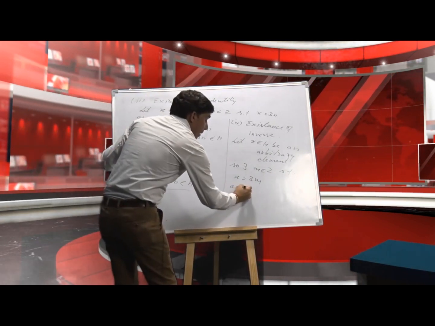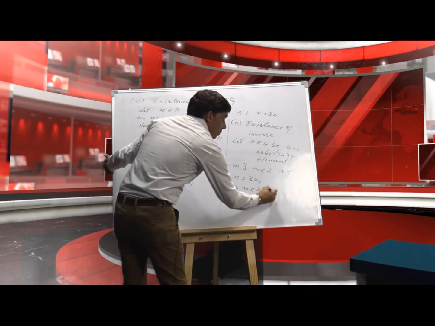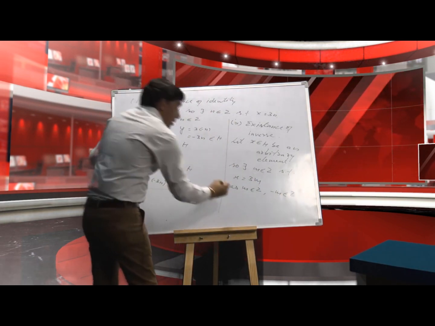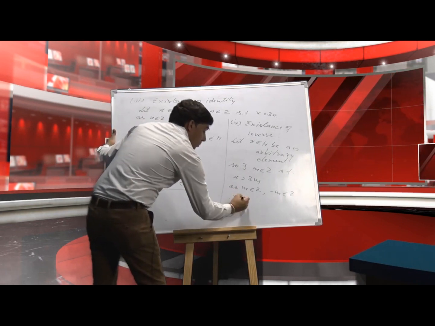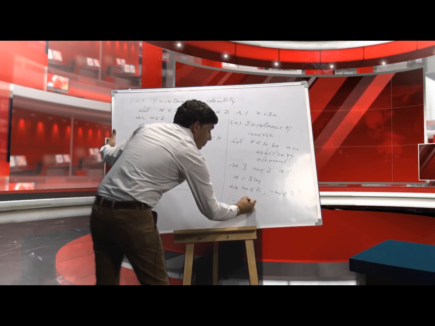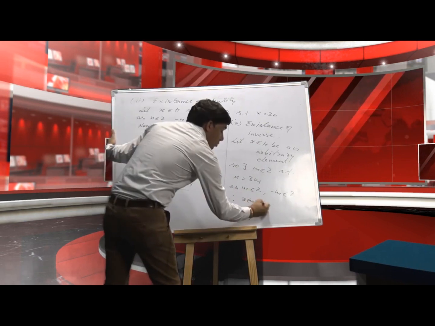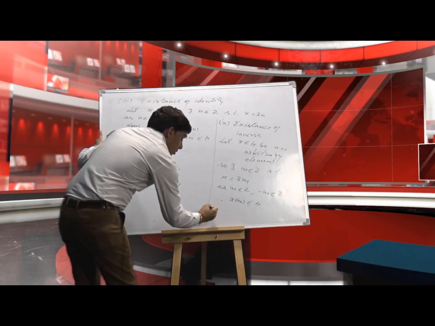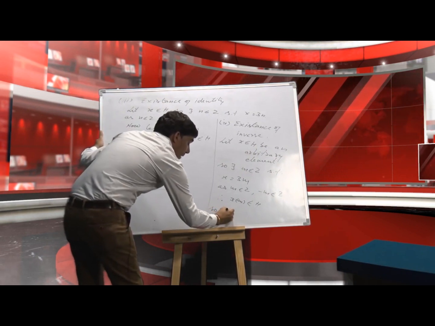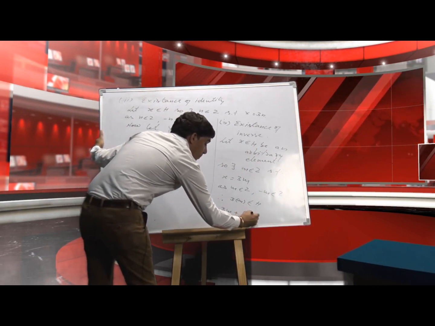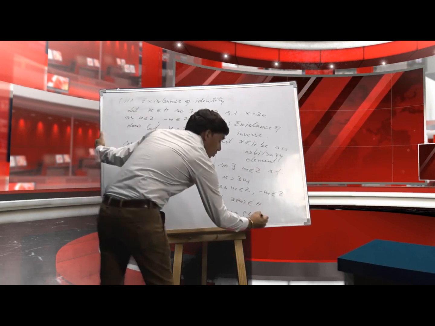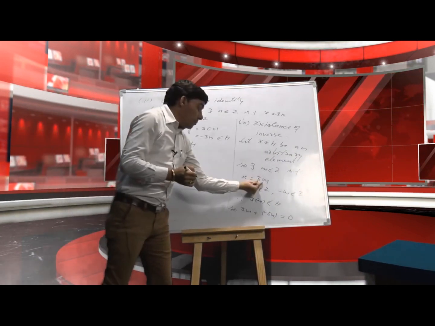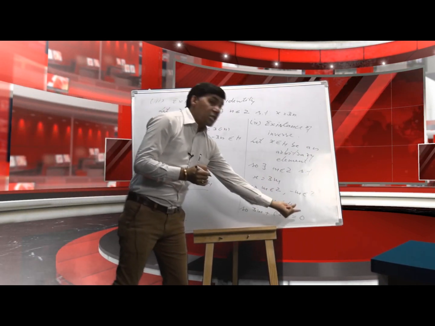As m belongs to Z, minus m also belongs to Z. Therefore 3 into minus m belongs to H. So 3m plus minus 3m is equal to 0.